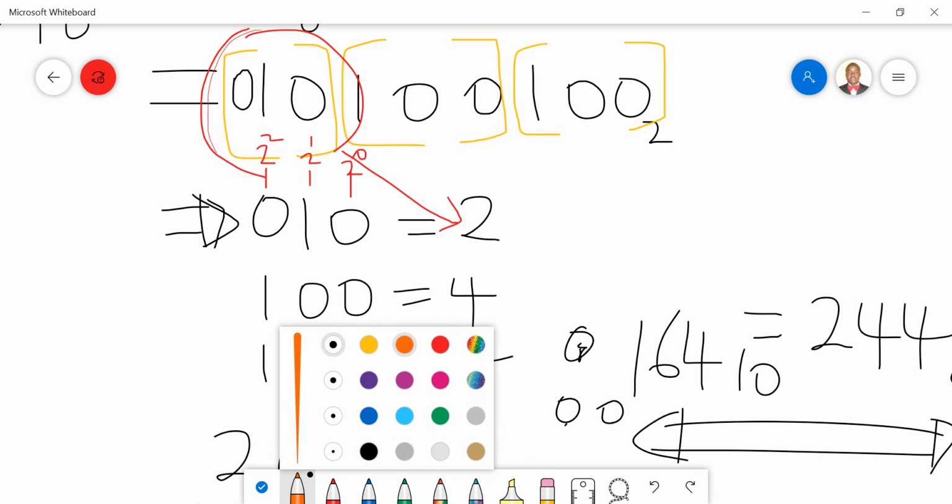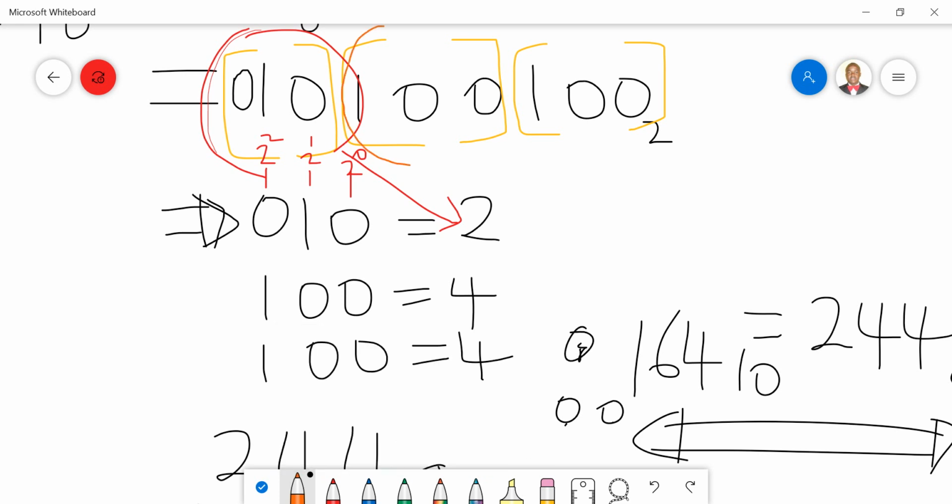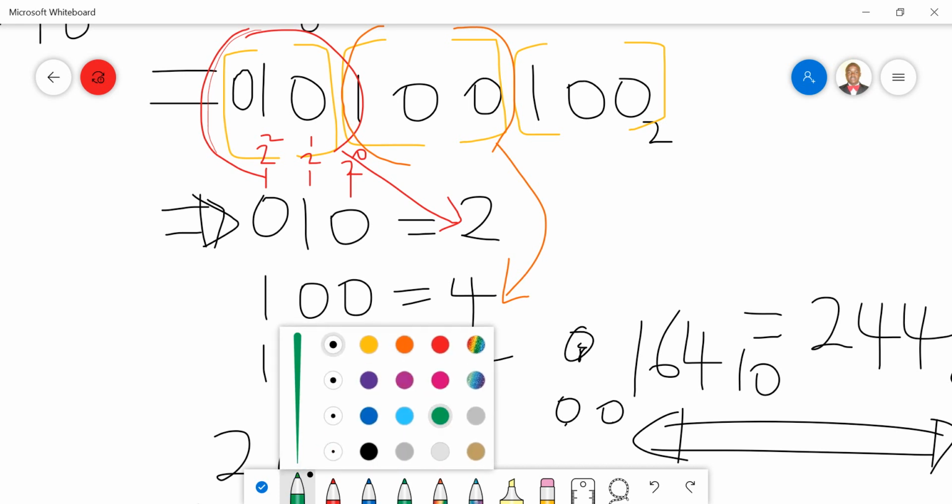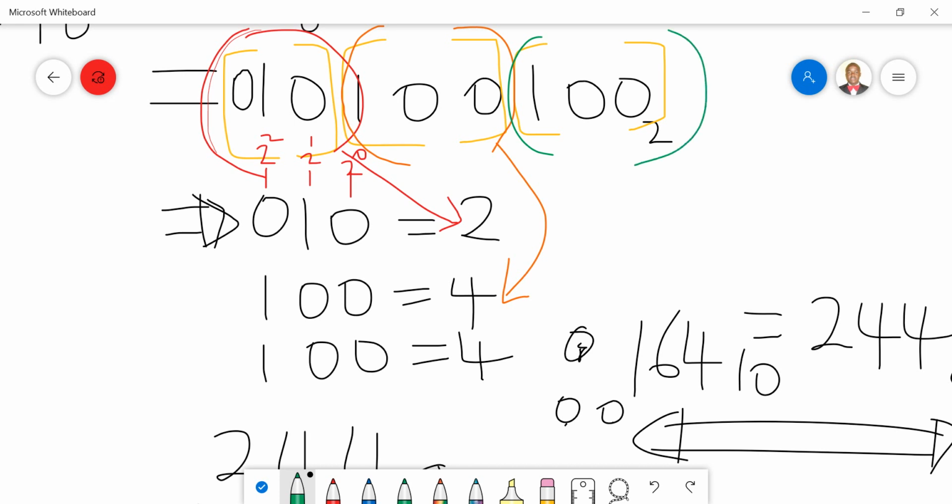The second group here, which is this one, gives us 4. So they are just in a sequence. And the other group here, which is this one, gives us 4. That is why, because they are in a sequence, when you write it, we say 2, 4, 4 base 8. I hope you all understand.